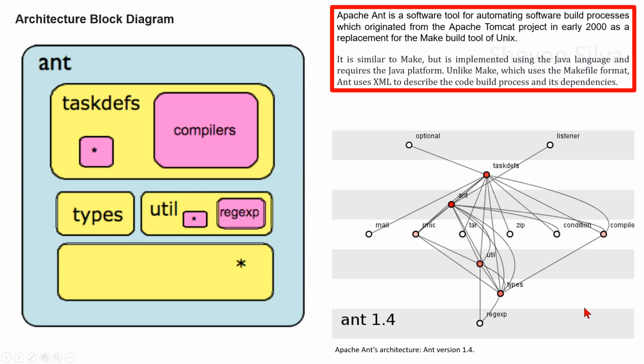Version 1.4 sees Taskdefs level up as it sprouts mail, RMIC, zip, and condition, with optional and listener becoming system's new entry points and bringing the number of packages from 8 in version 1.3 to 13. Still the diagram looks coherent and well structured.